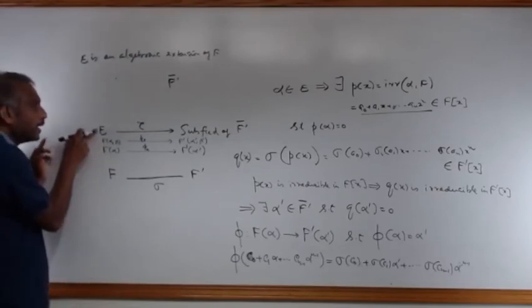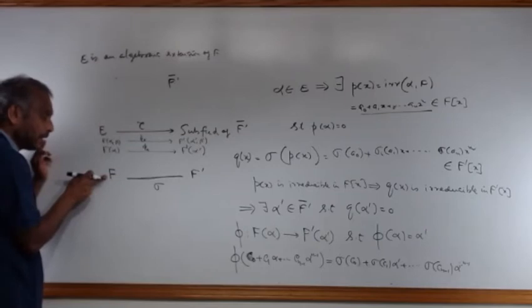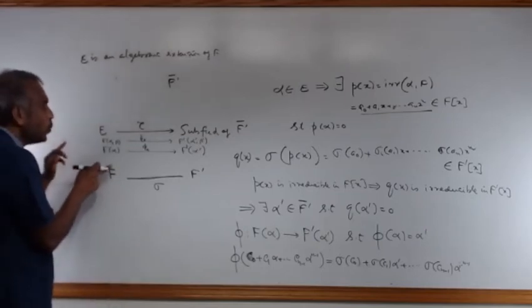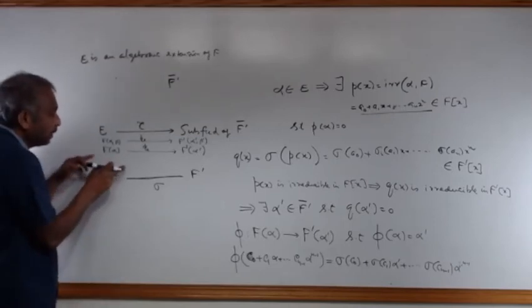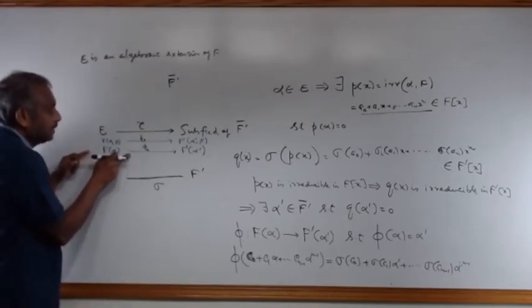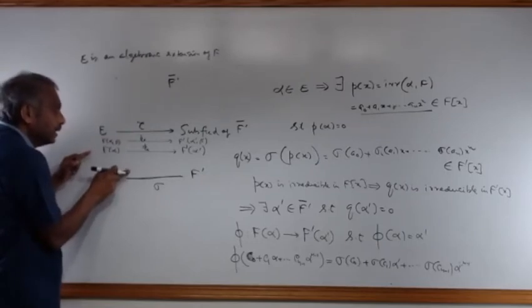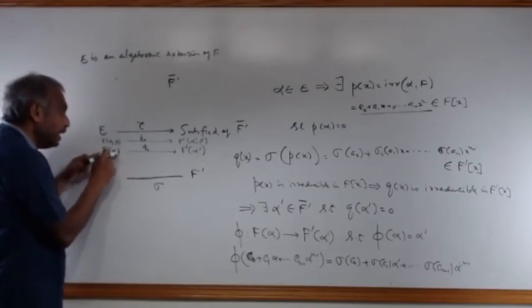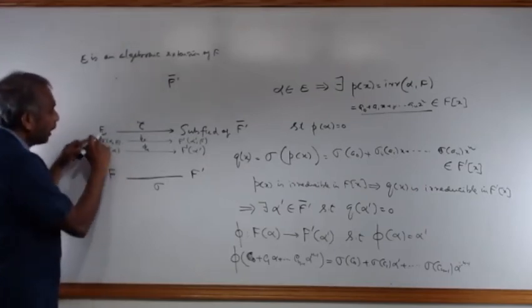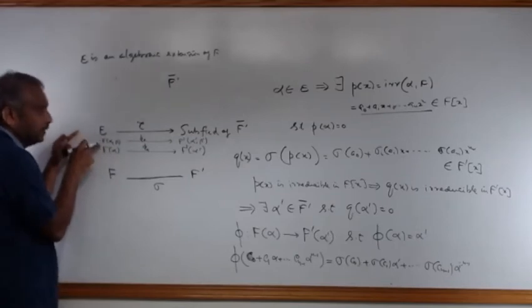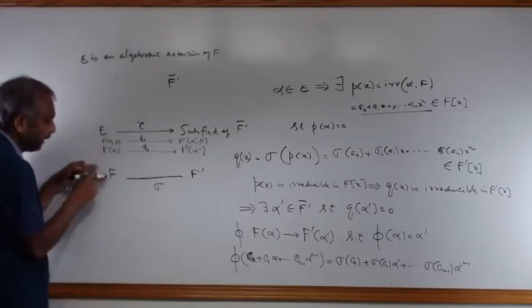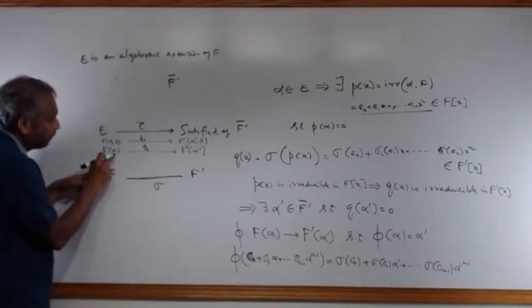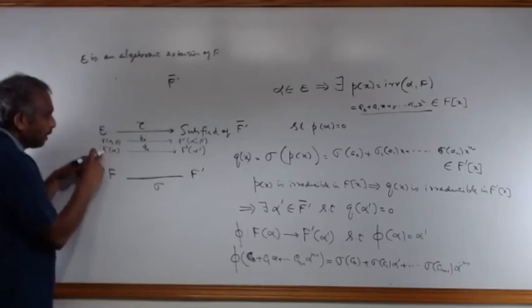If E is a finite extension of F, we can continuously extend sigma like this, taking elements from E but not in the previous field. For example, here we took alpha from E but not in F, and beta in E but not in F(alpha).